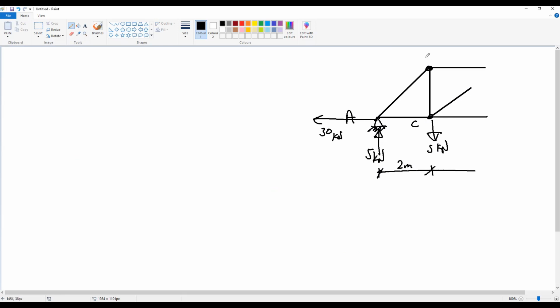Just remember this point D. The force here is 0, if this is point D. So if CE is equal to 0, we still have force in member CF and force in member DE.